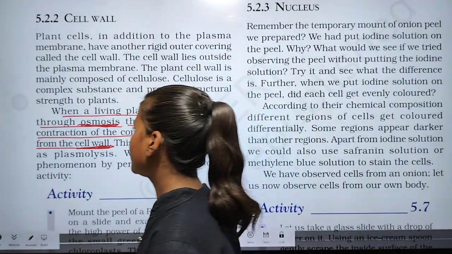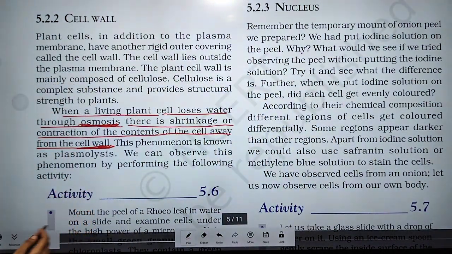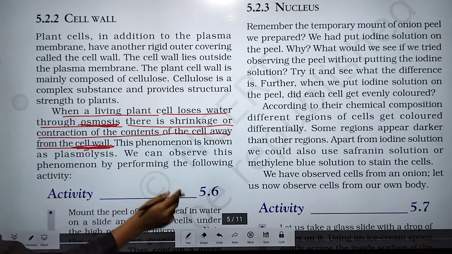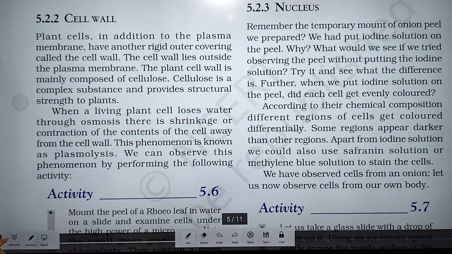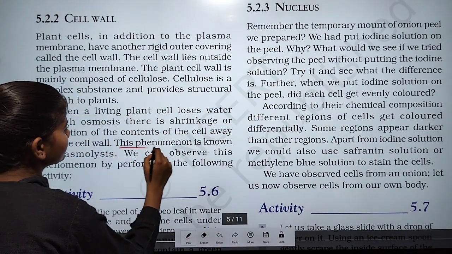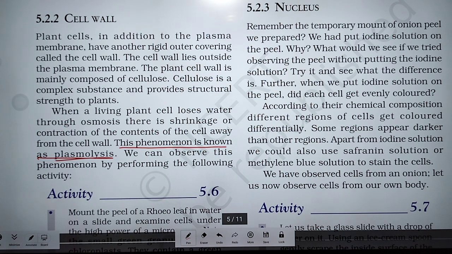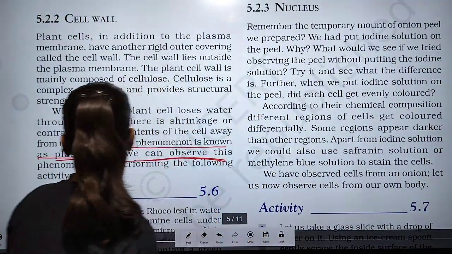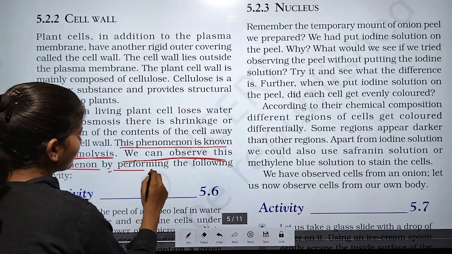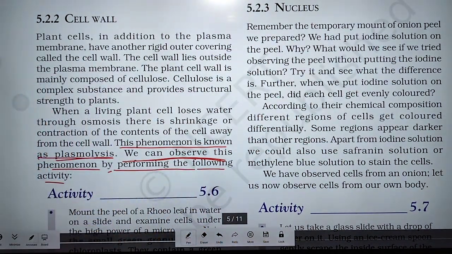It provides a special type of protection that only the cell wall provides. This phenomenon is known as plasmolysis. We can observe this phenomenon by performing the following activity.